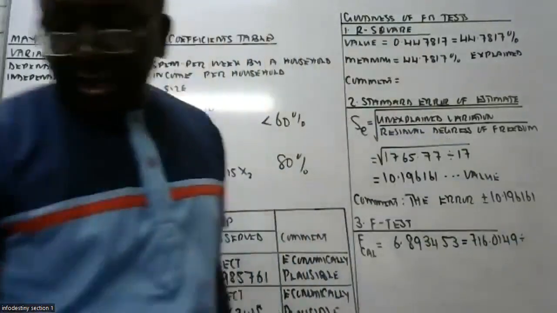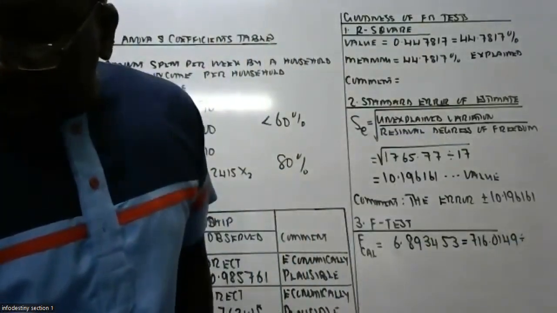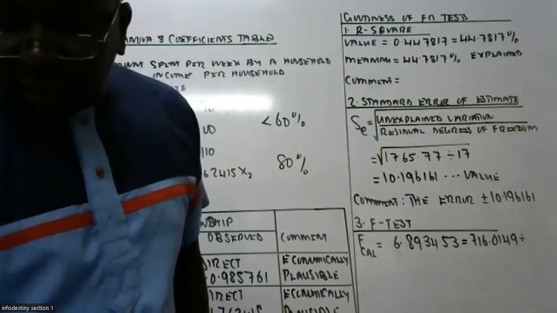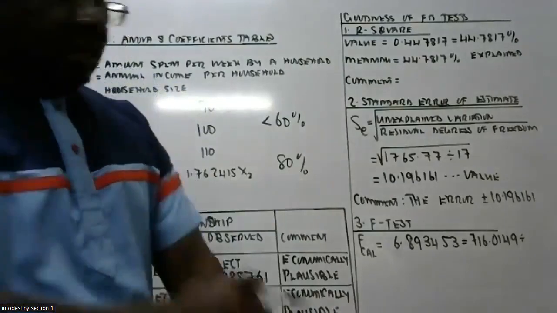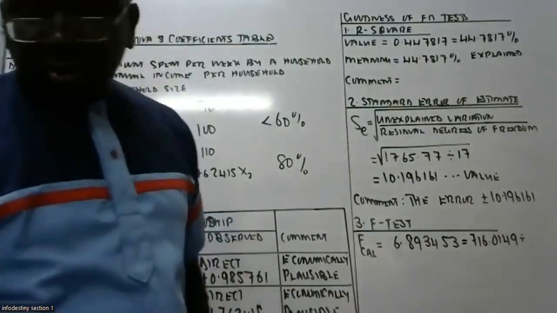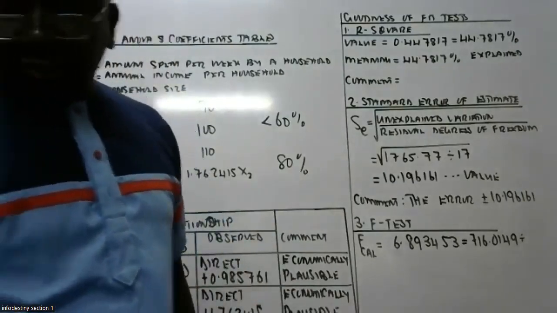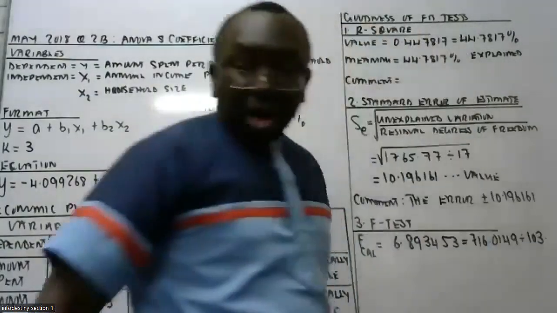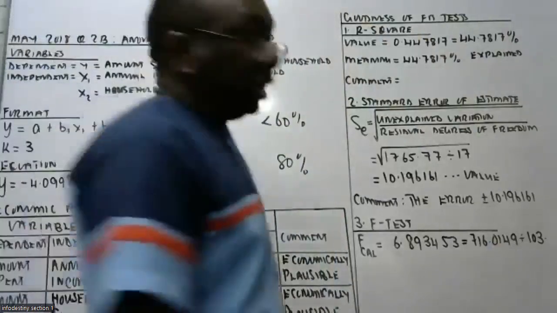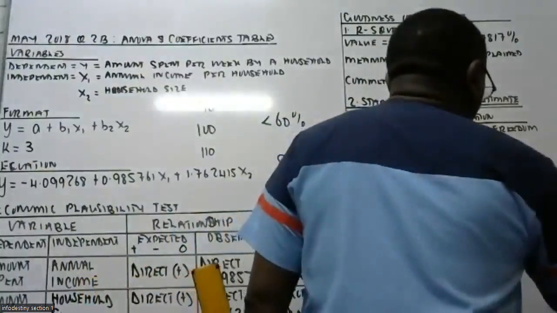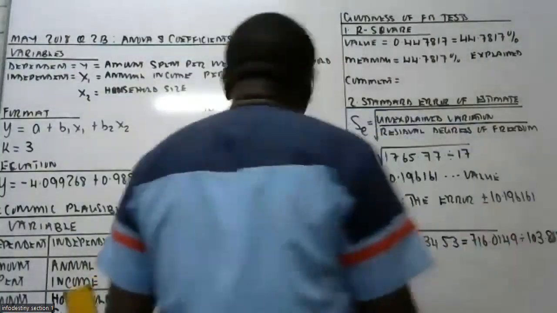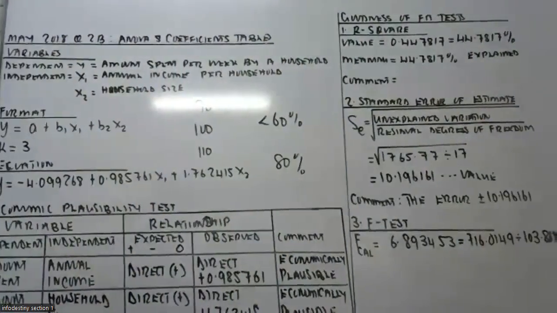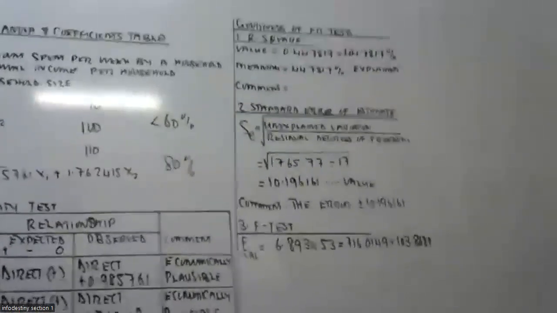You divide not by the 143. It's the regression mean sum of square, you divide by the residual mean sum of square. So you divide by 103.8688, you can confirm.